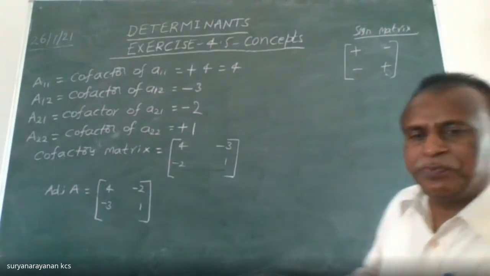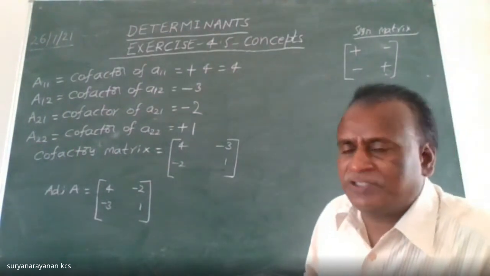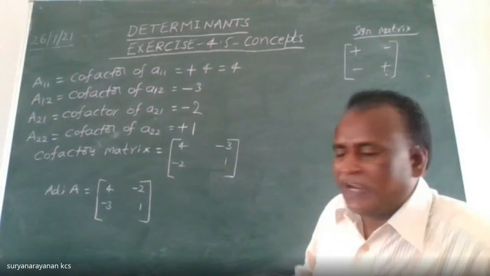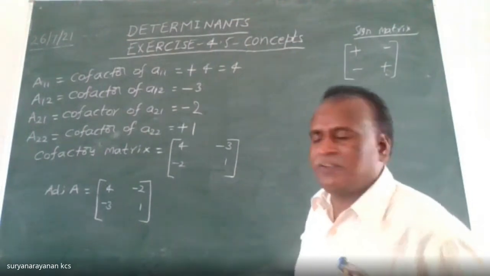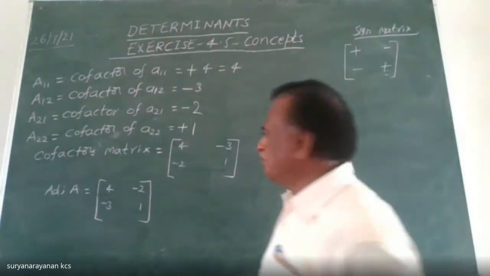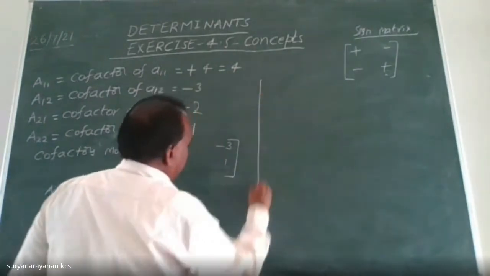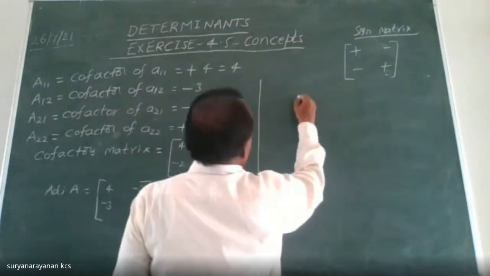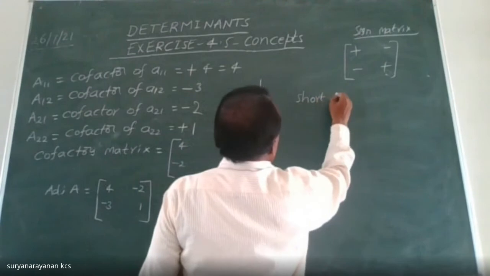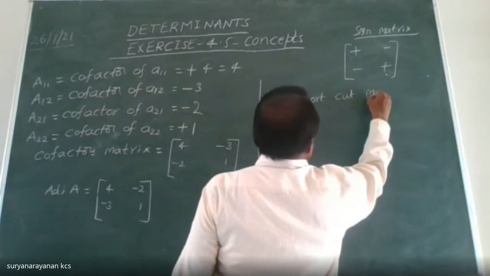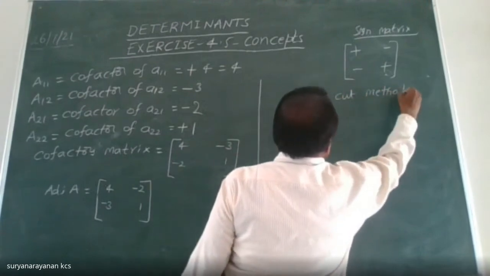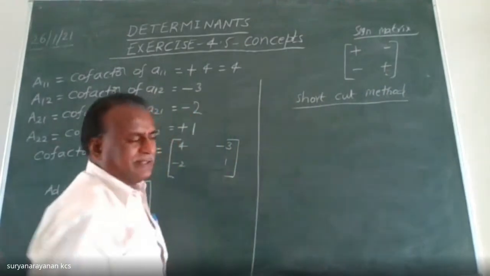But there is a simple technique, a simple logic, for finding the adjoint of a square matrix of order 2. A shortcut method.